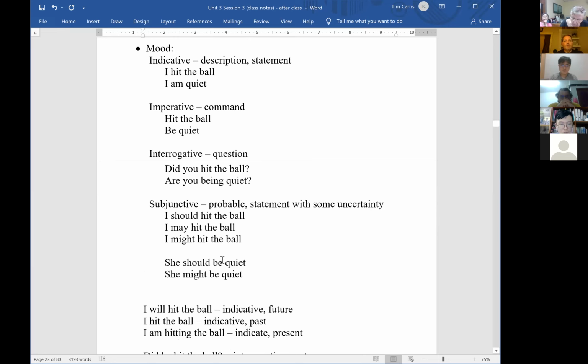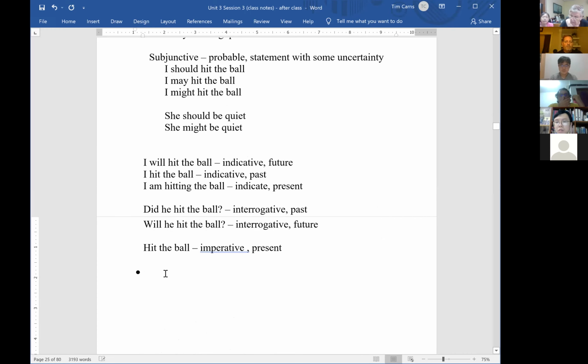There's a third characteristic: tense, mood, and then the final one is called voice. I don't know why this is the word used to describe it, but basically there's active or passive. All right. And in the active case, the subject performs the action.